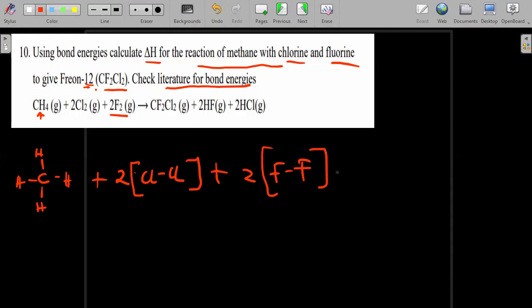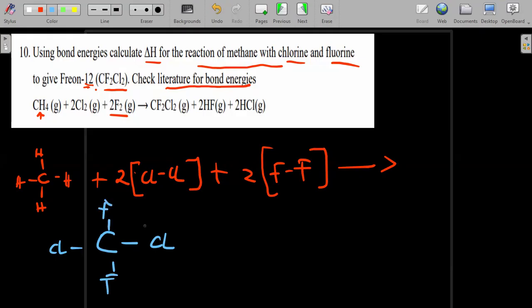And then on the other side, I'll say this produces, I'll just write them down here. So this reaction, the first one, produces CF2Cl2. So how are we going to arrange that? It will be C bonded to 2 chlorines and then 2 fluorines like that.